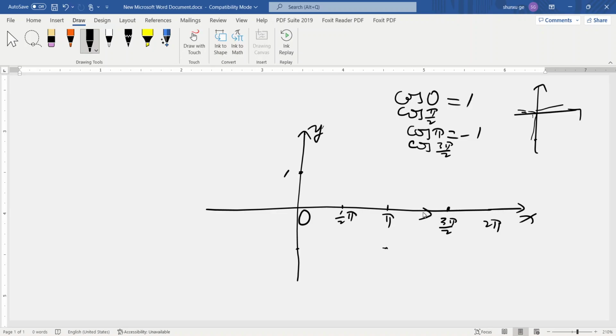And 2 pi, 2 pi is the same, equals 0, which is 1. Okay, now we know all the points.